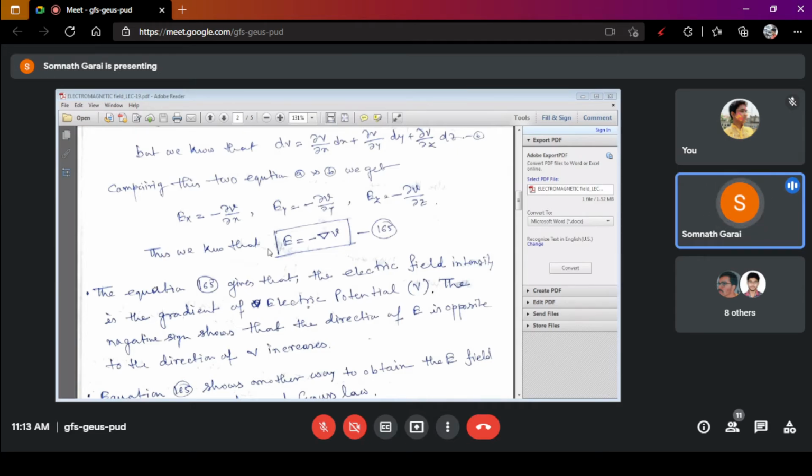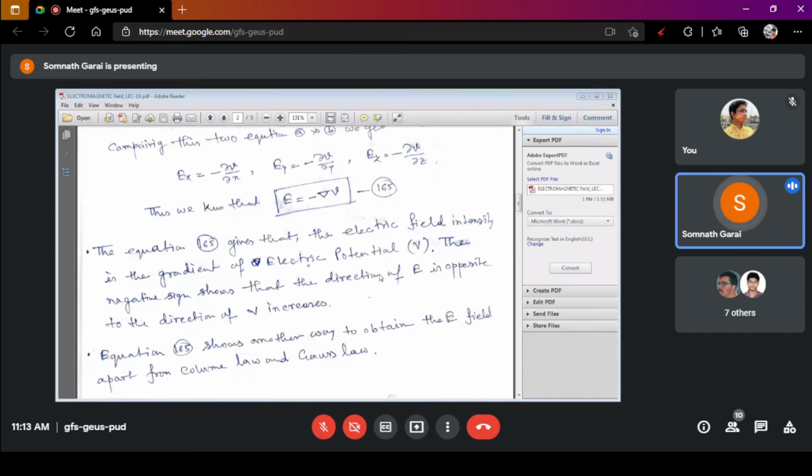That is what the negative sign specifies. And this equation number 165 is a very important relation of the electrostatic field intensity and the electrostatic potential V, and this is also called another Maxwell equation.